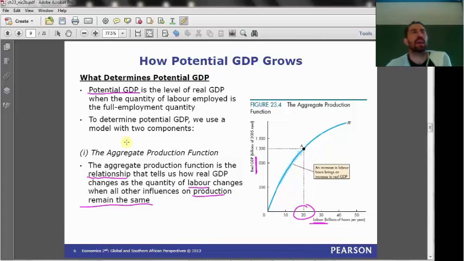If you are in a country with high GDP per capita, you tend to have high levels of capital, and with high levels of capital, you tend to be in this part of the production function. If you're in a country with low GDP per capita, you tend to be in economies with low levels of capital. And with low levels of capital, you tend to be in this area of the production function.